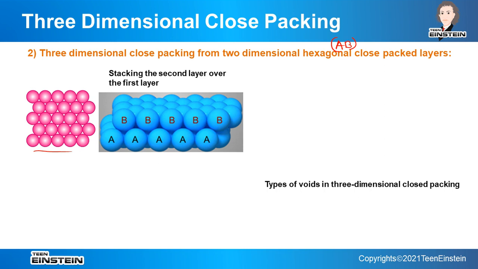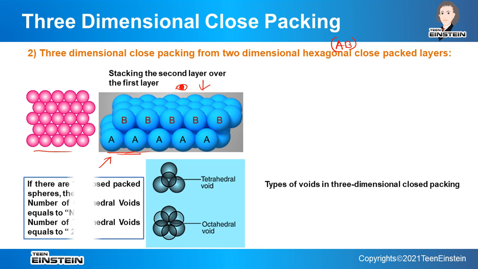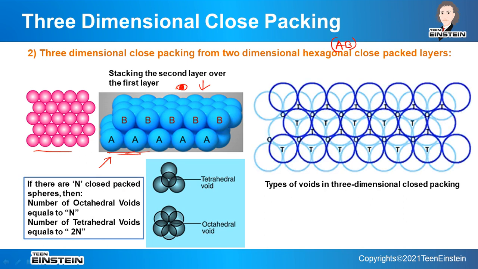Then we will get this type of structure. Now suppose we are looking at this structure from this side, but if you place your eye position here and look from this side, then the picture will be like this, the right hand side picture.